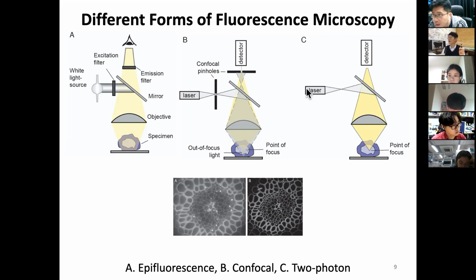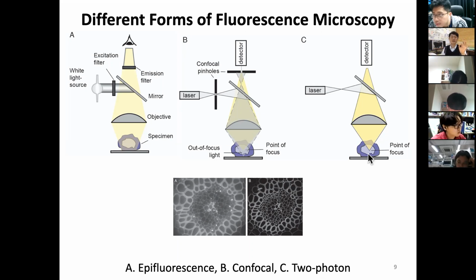What that means is we send the laser light and we focus. Interestingly, only at the focus will the light excite the fluorophore. Out of focus, no excitation is possible, by use of the nonlinearity of two photons coming into one point simultaneously.